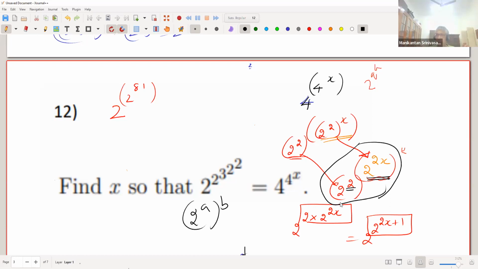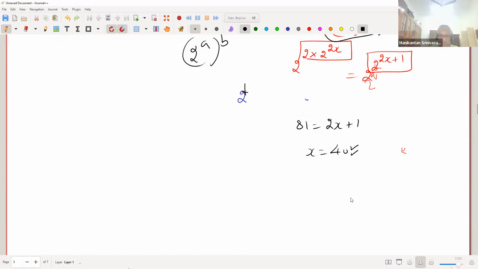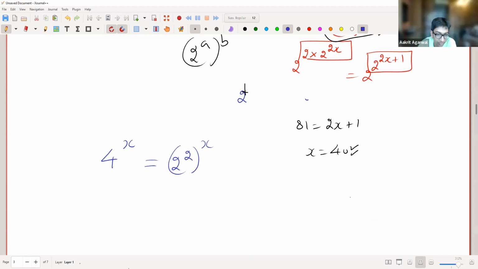But the intermediate portion turned out to be different. Here, when I had 4 power x, I broke 4 power x as 2 power 2 whole power x. I didn't break it down as 2 power x.